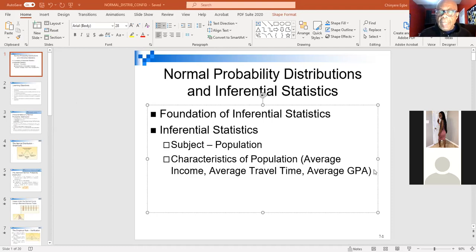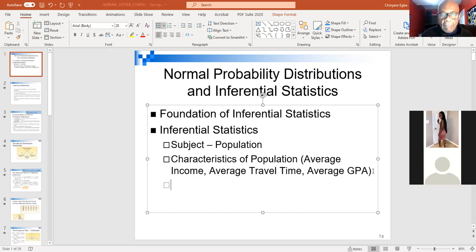Now, what really happens is that even though you want to study this characteristic, you do not always have all the information. For example, what is the average weight of fish in a fish pond? What is the average length of fish in a fish pond?